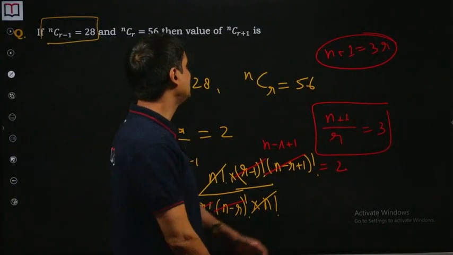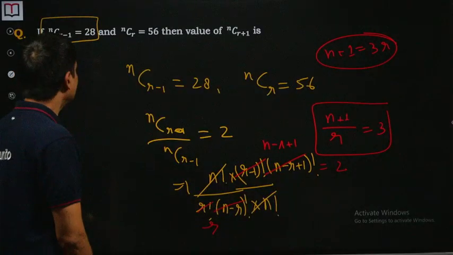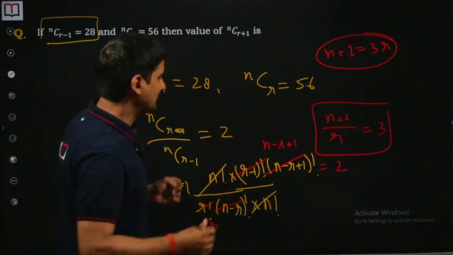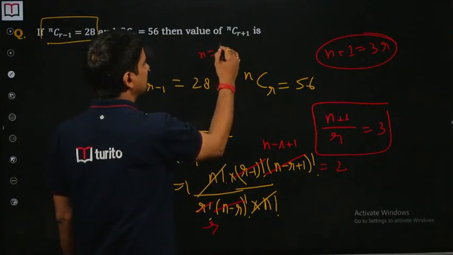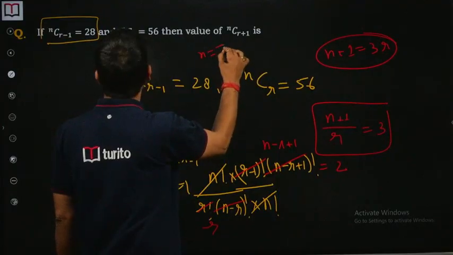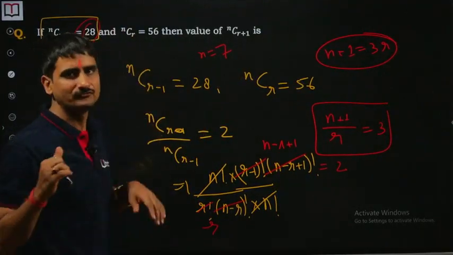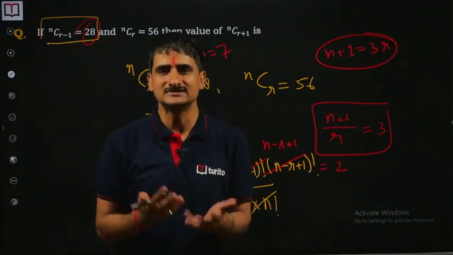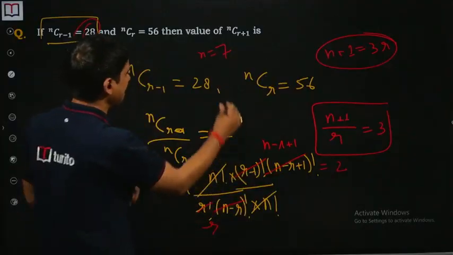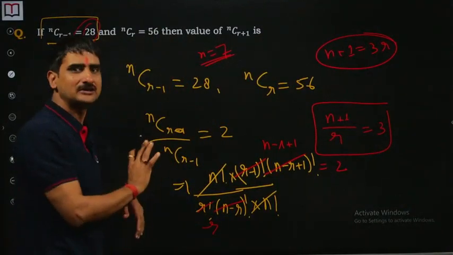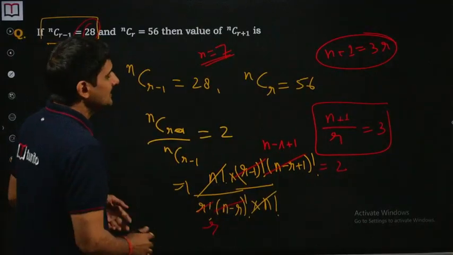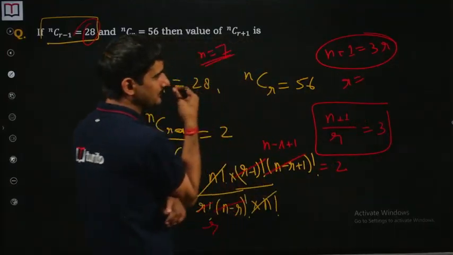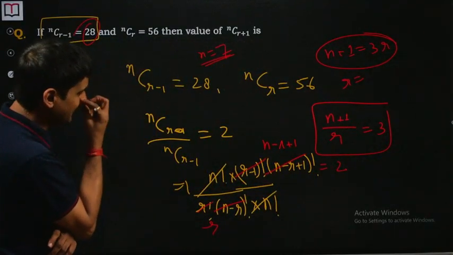Now I will suggest you try a few hit and trial type of things. You need 28, and for 28, when you solve, you need 7. For sure you need 7. If I say let n be 7, without 7 you neither get 28 nor 56. So n is 7. In that case r is 7 plus 8 by 3, and that's the problem. So the multiple of 7 is 14.